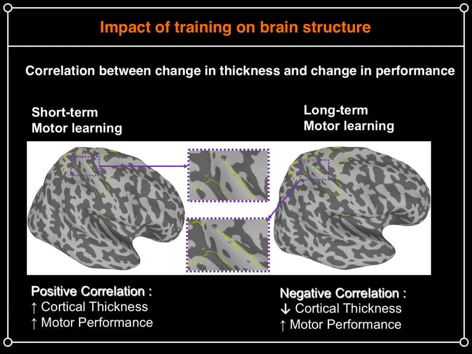Again, it's really hard to interpret this as a change in cortical thickness, because changes in blood flow, because of the activity that the subjects are performing, can change the T1 signal, and it can manifest as a change in the gray matter signal, which in turn can be interpreted as a change in cortical thickness. But it could be a change in blood flow, for instance.